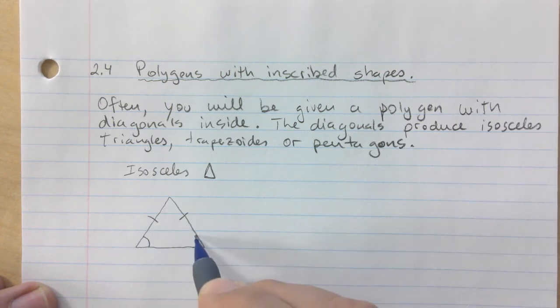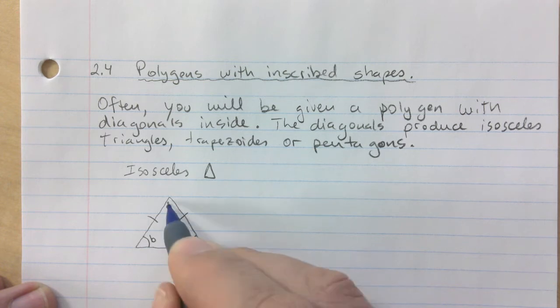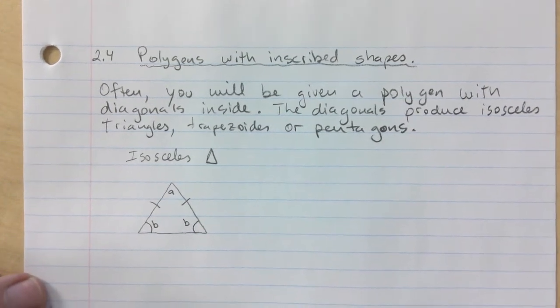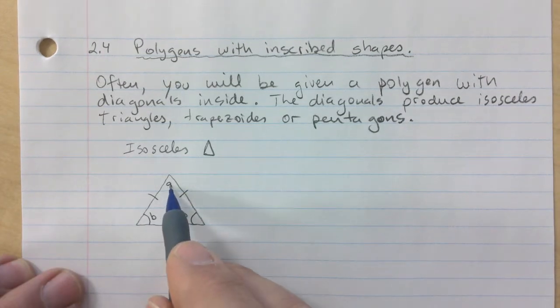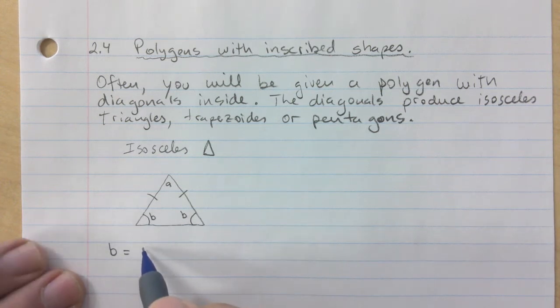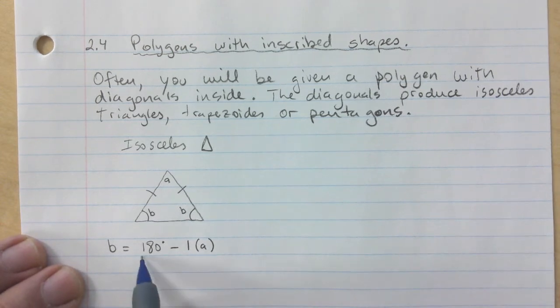Therefore, the two base angles are the same. We can call them B, and the top angle will be A, right? So if you know A, to find B, we would just go 180 minus 1 times A, divided by 2.